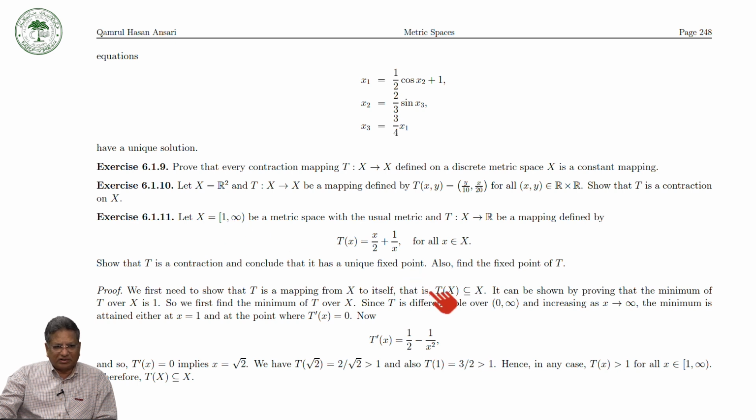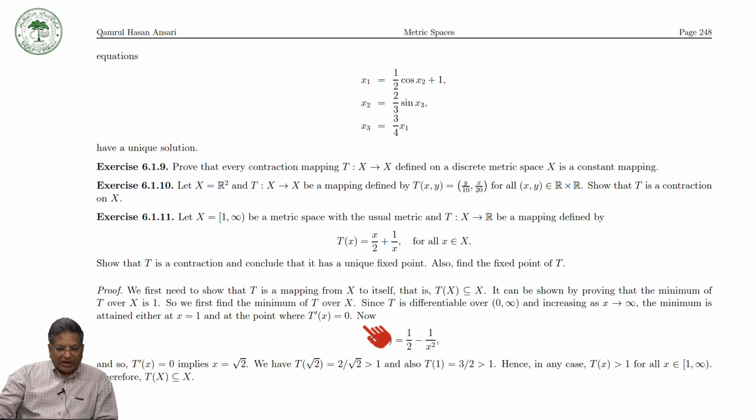Then we can say that T of X is a subset of X. So we first find the minimum of T over X. Since T is differentiable over the open interval and increasing as x tends to infinity, the minimum is attained either at x equal to 1, or at the point where the derivative of the function is equal to 0.